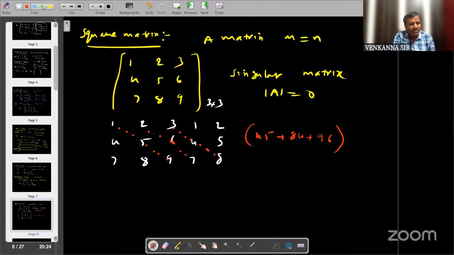This is one of the best shortcuts for calculating the determinant value. Then next, minus the next diagonals, observe here: 7, 5, 3, 7, 5, 3. Its simplification is 105, plus this is 8, 6, 1, 48.